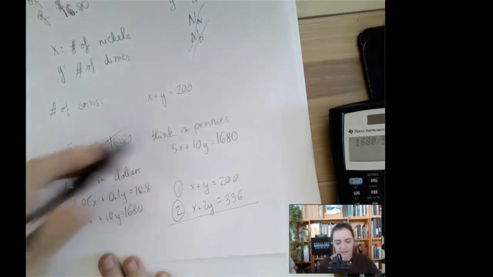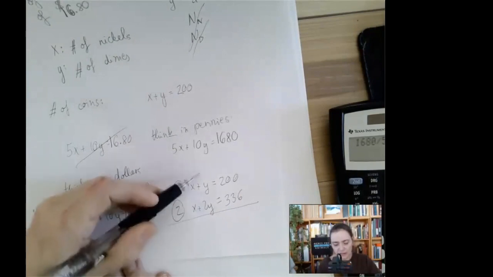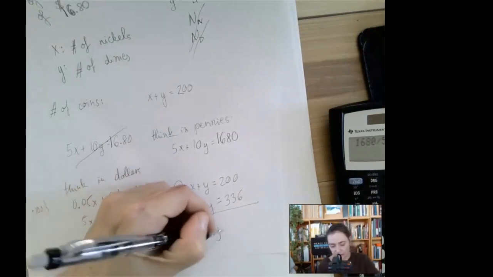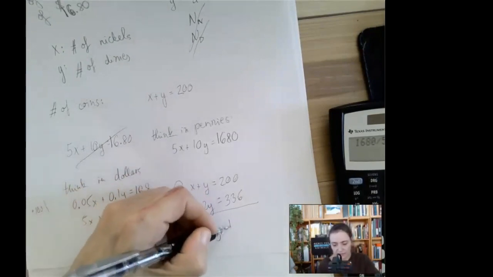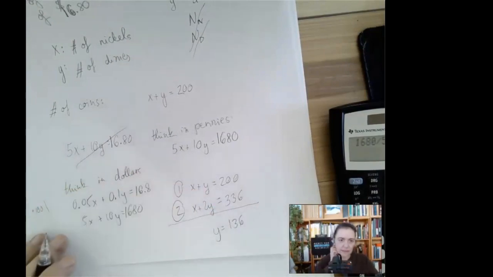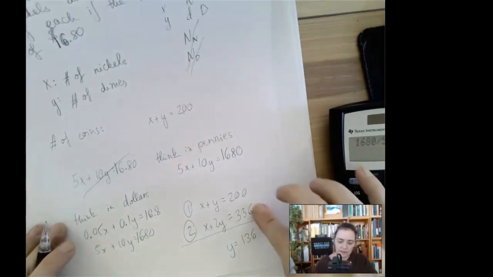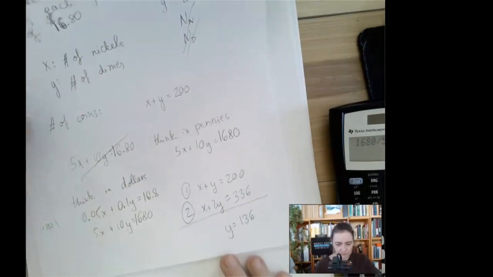X minus X, gone. 2y minus y is 1y, and then y is 336 minus 200, which is 136.